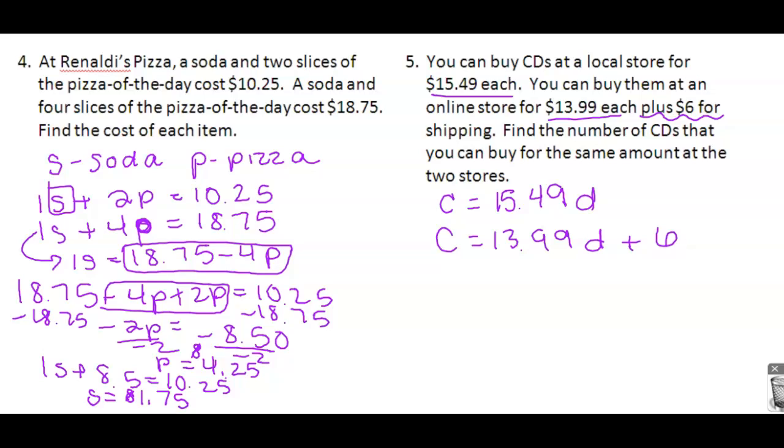So if we want to know when the cost is the same, since they're already both solved for C, you're really just replacing one with the other. So you get 15.49c equals 13.99c plus 6. So you combine your like terms. So we'll subtract $13.99 from $15.49.